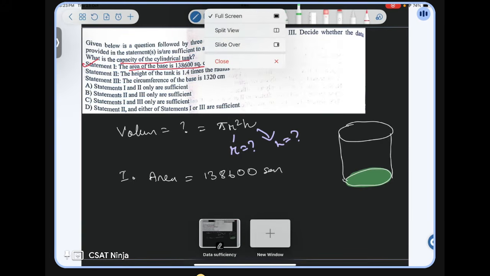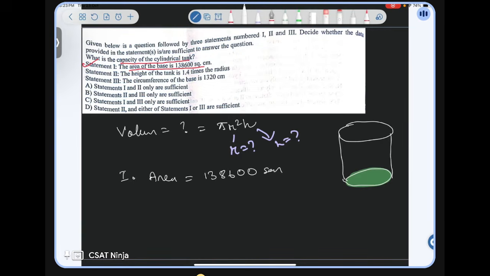If I flip this one, if I look at the bottom of the cylinder, it will be like this. And this area here is given as 1,38,600. So can I write like this? Pi R square is given as 138600.